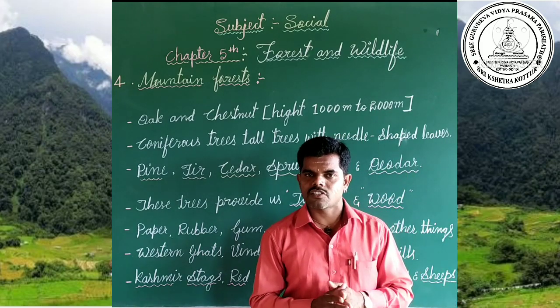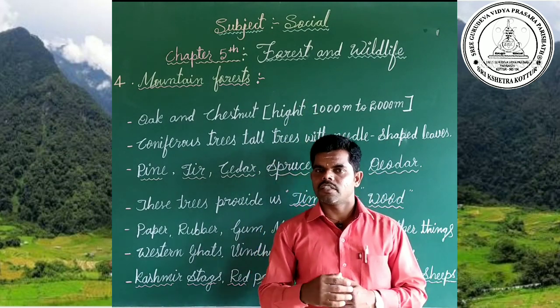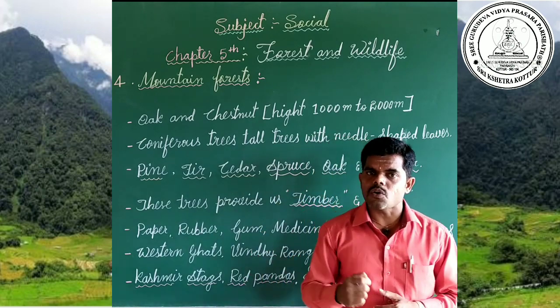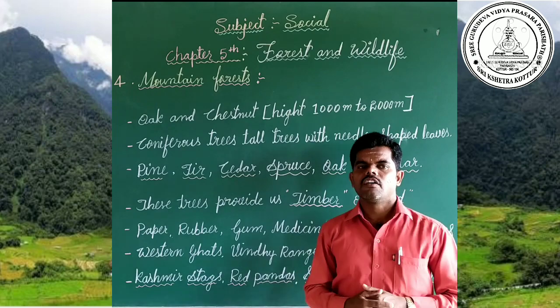So coniferous trees are very tall trees, found at 1500 meter to 3000 meter height in these coniferous forests.